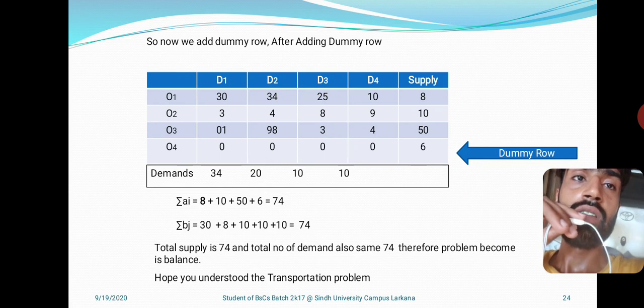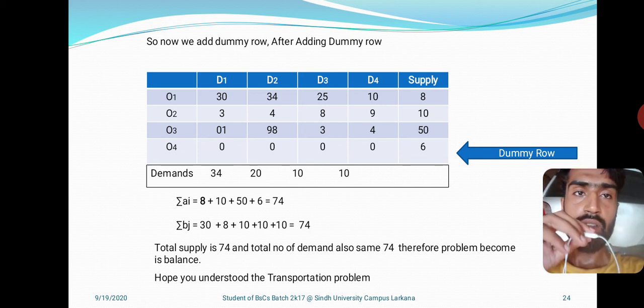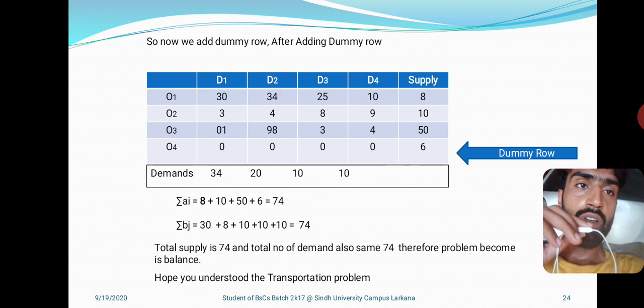So now we add a dummy row. After adding the dummy row, the destinations are D1, D2, D3, D4, with supply.